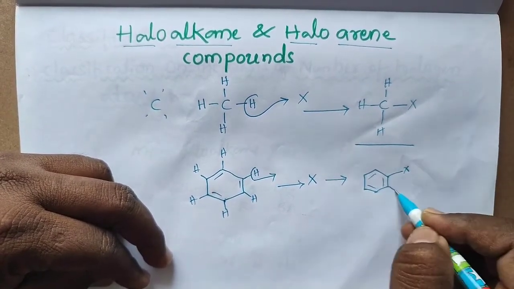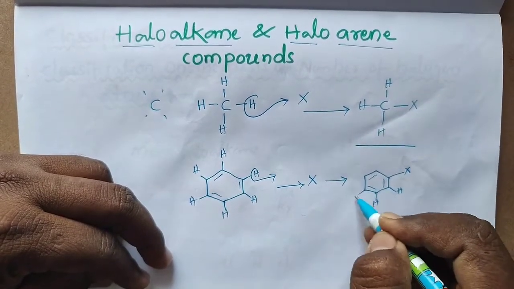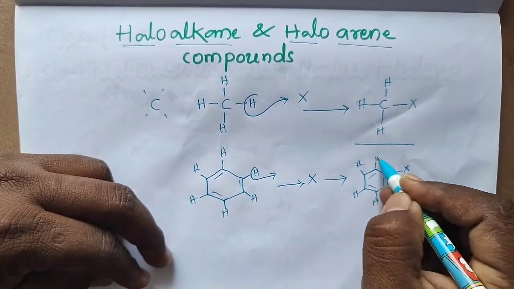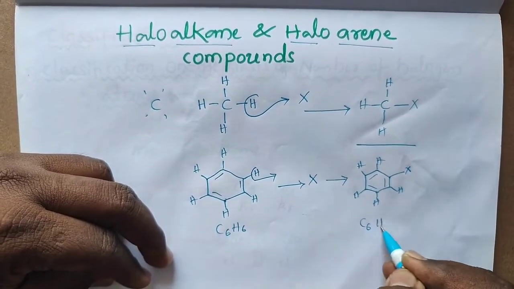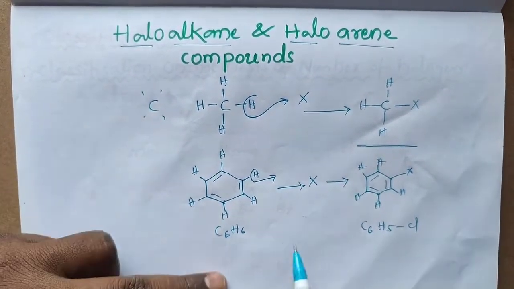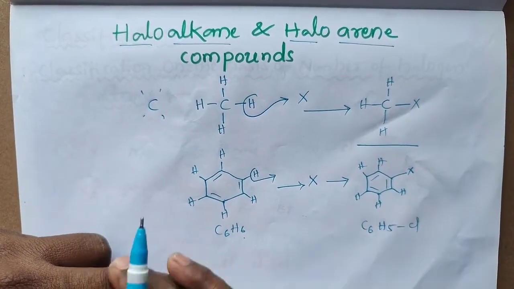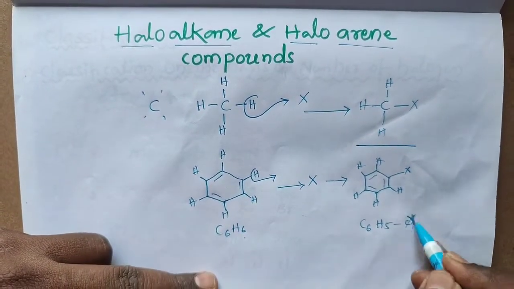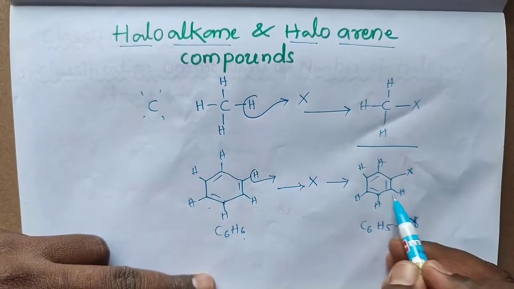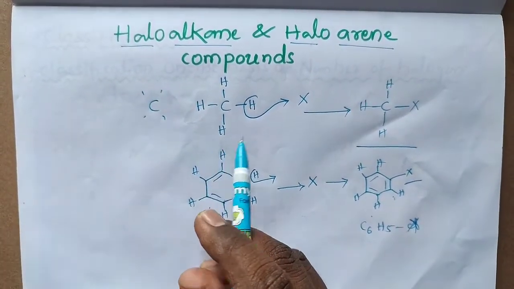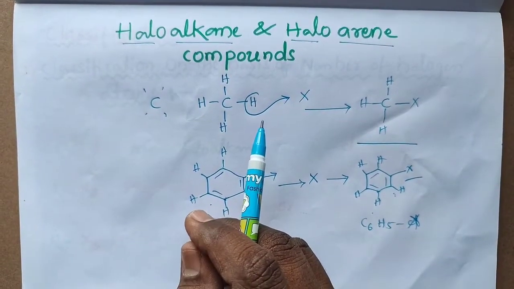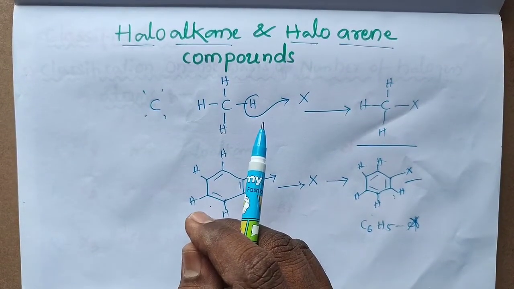This is X, with the remaining hydrogens. C6H6 becomes C6H5Cl, so one hydrogen position is replaced with a halogen. That is X. So this is a haloarene. Now we are going to start its classification and nomenclature.